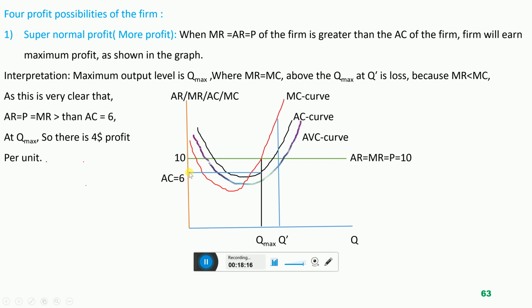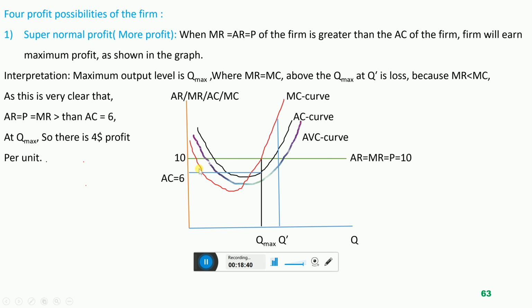So per unit cost is $6 and marginal or average revenue is $10. The per unit price, per unit revenue, is more than the per unit cost of $6. Price, average revenue, marginal revenue is 10 and average cost is 6. 10 is more than 6.